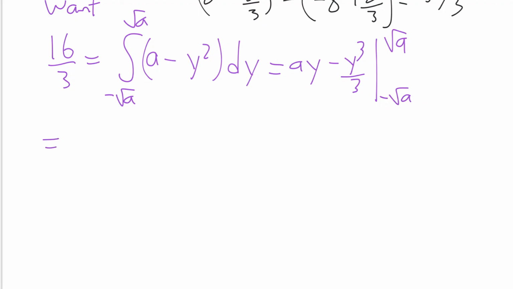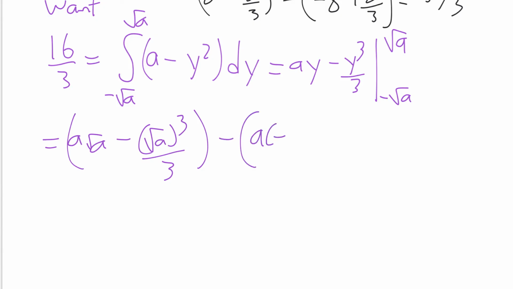So I will get A root A minus root A cubed over 3, subtract A times negative root A, subtract negative root A cubed over 3. Now we're going to have to be careful with our signs, but we can clean up this right-hand side.